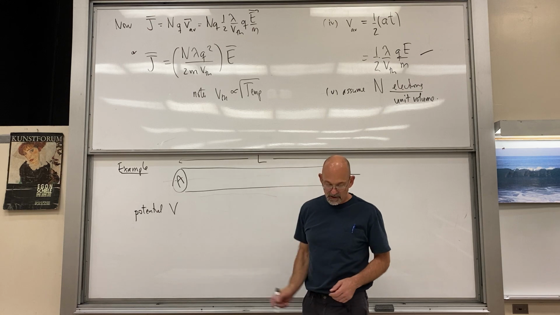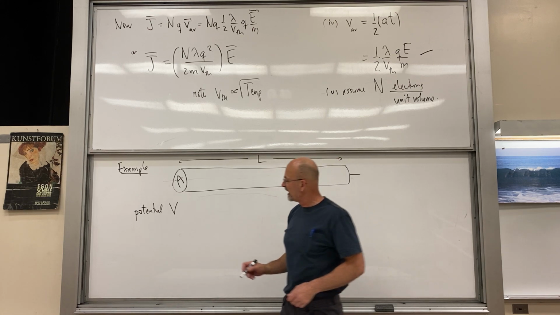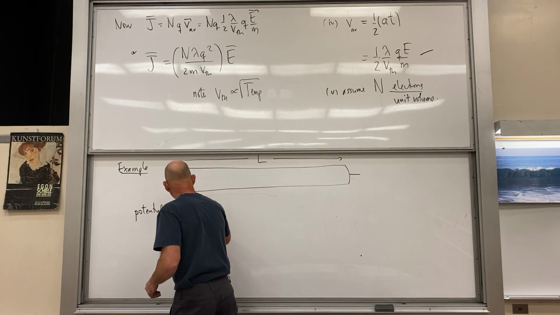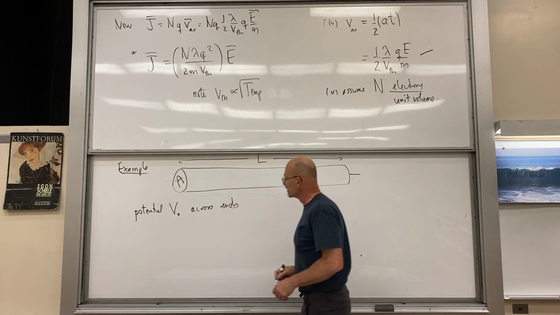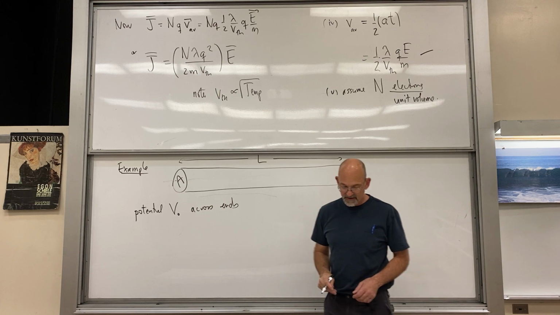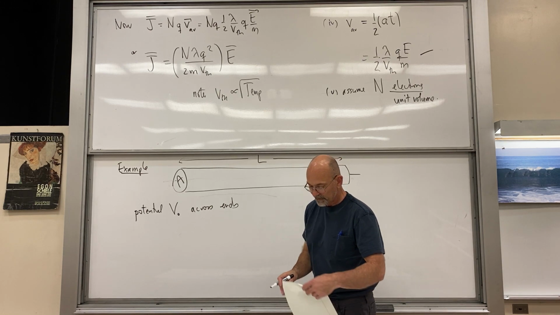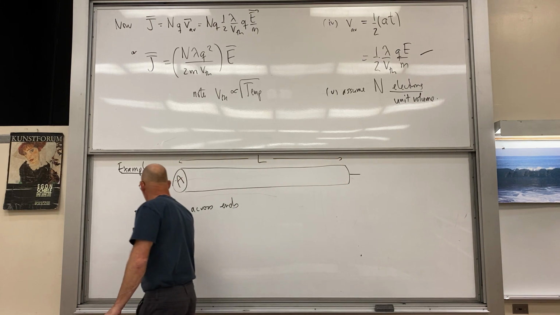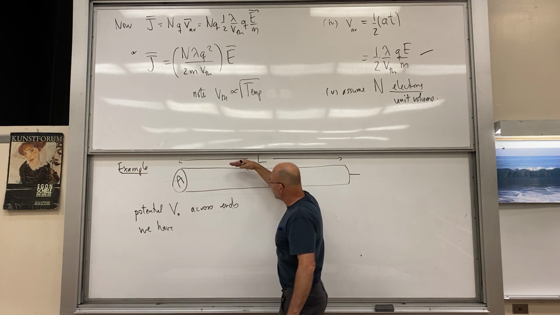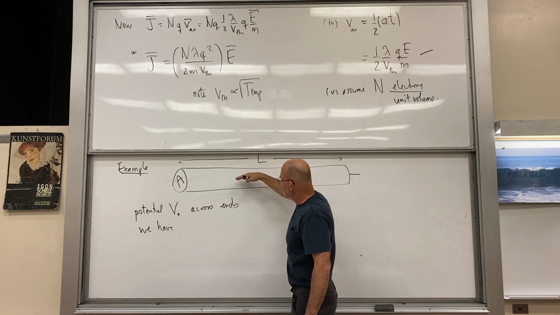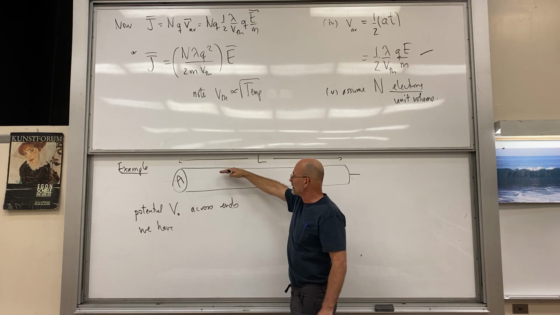And yes, I call that L. And I'm calling this potential V0 across the ends. And then we're going to talk about the current and the resistance. What we have is no current flowing perpendicular to the surface here.